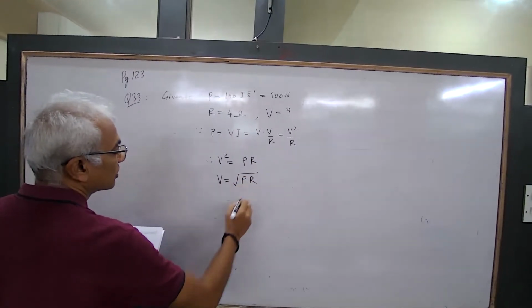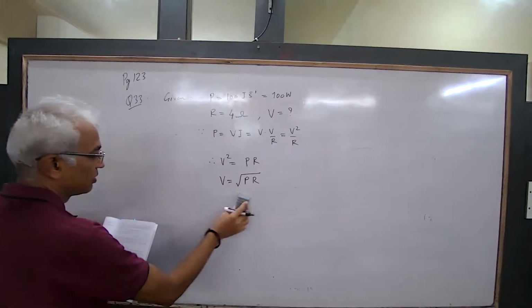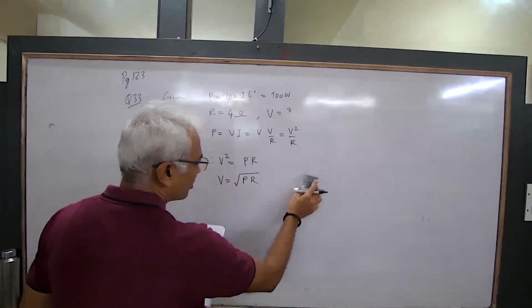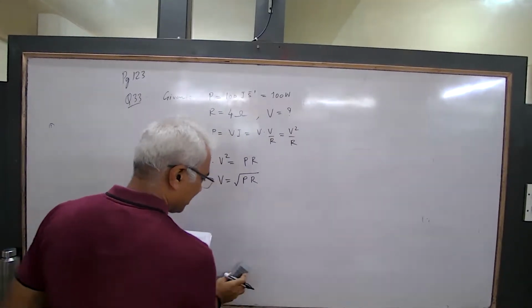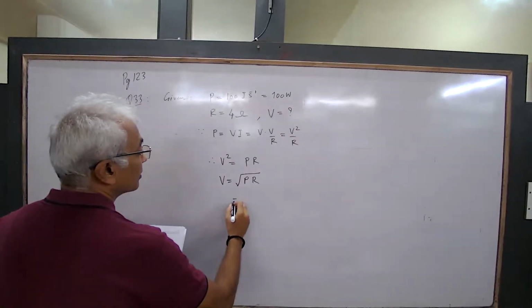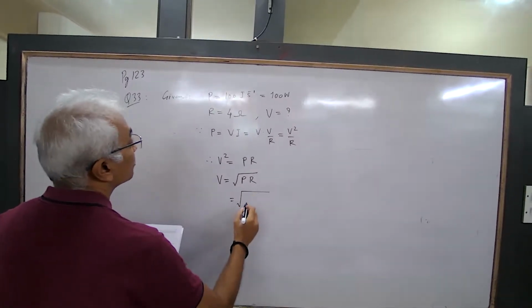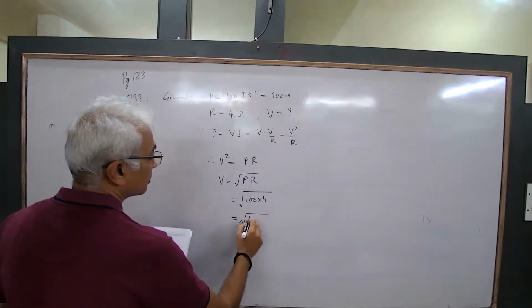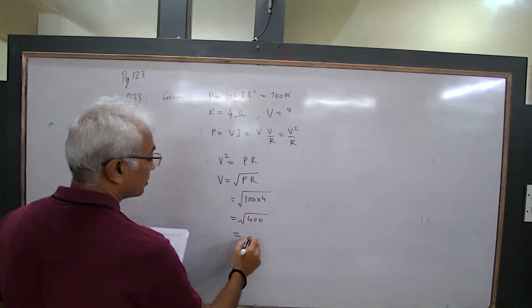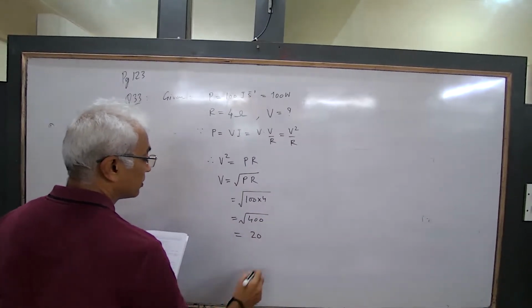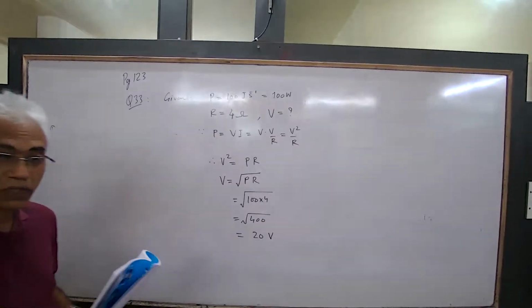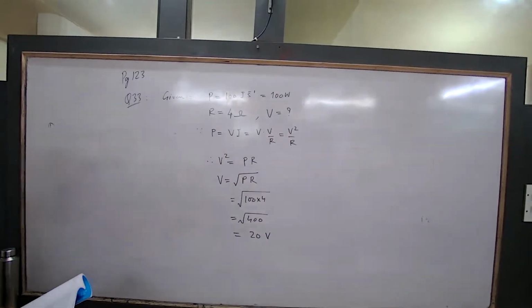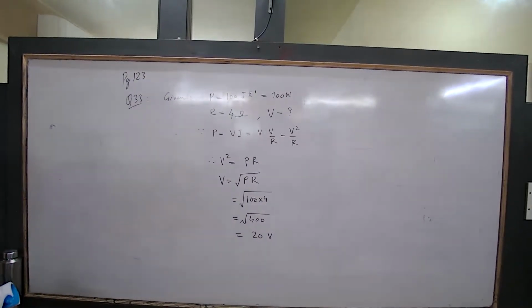We have not done. Because I remember we got it wrong or data insufficient, something like that. We argued and finished off. 100 into root 400. What is it? You got 20 volt. So this is correct.